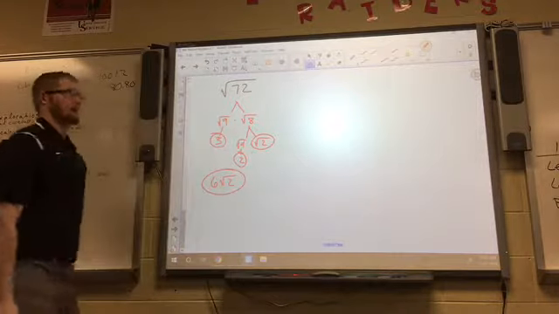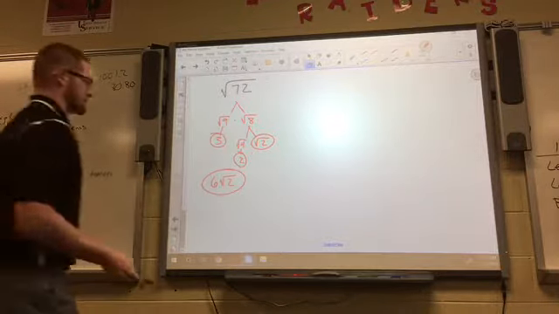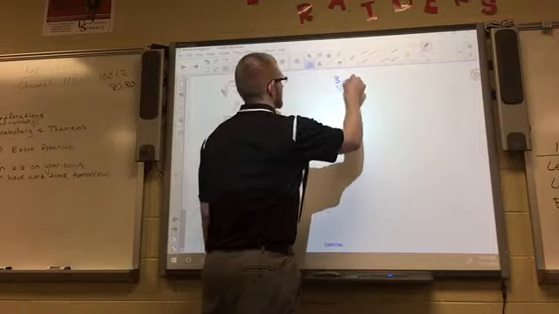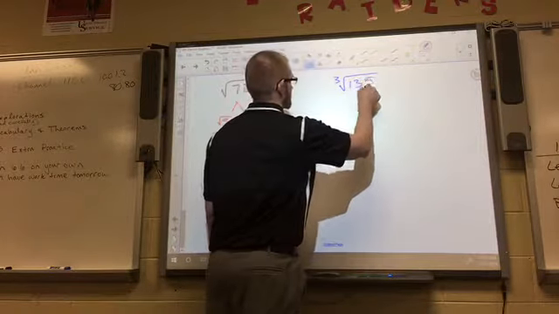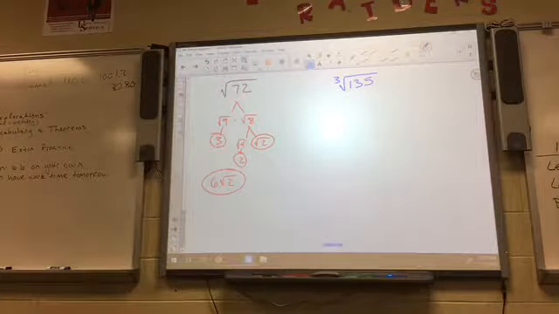I call that a refresher problem because the problem they're going to ask us to reduce next is the cubed root of 135. This is where I talked about just the other day. You need to get to a point where you recognize some cube roots.